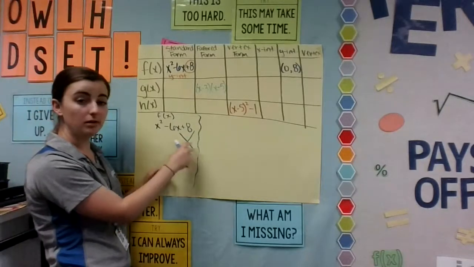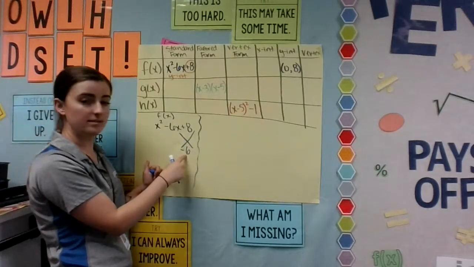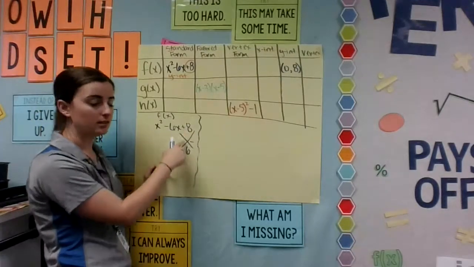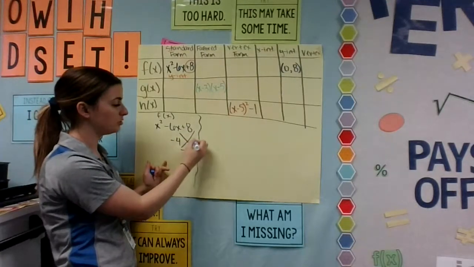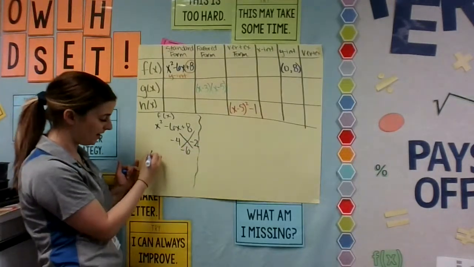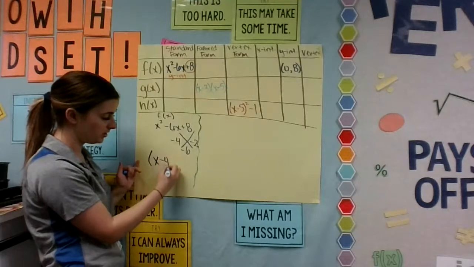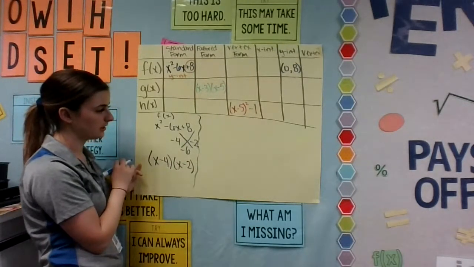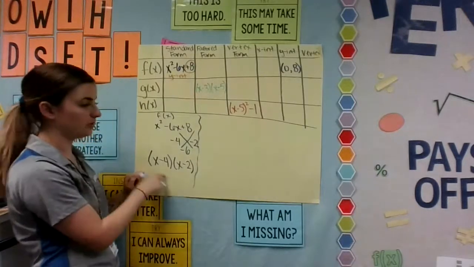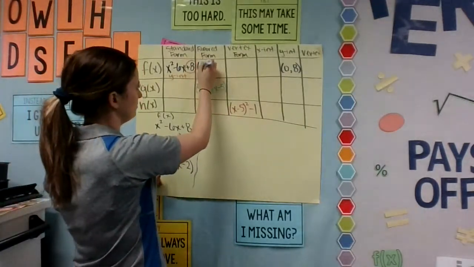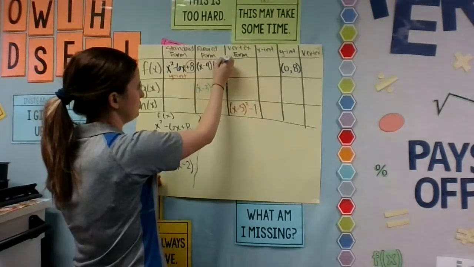So it's either going to be two negatives or two positives, but since this guy's a negative, I know it's got to be two negatives to multiply to this positive 8. And I know it's 4 and 2. So these are going to go inside of my factors. So my factors are x minus 4 times x minus 2. Okay, just like that. All right, I should have written that smaller. My bad. We'll work it out.